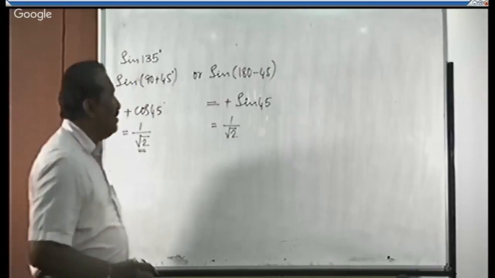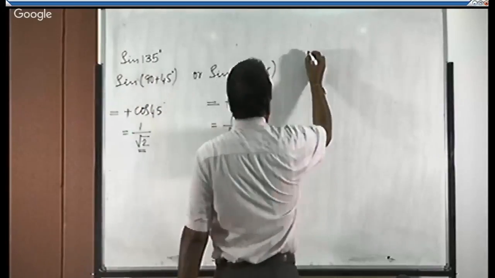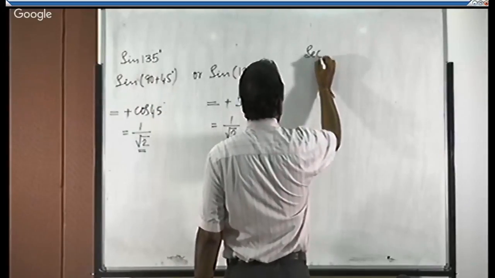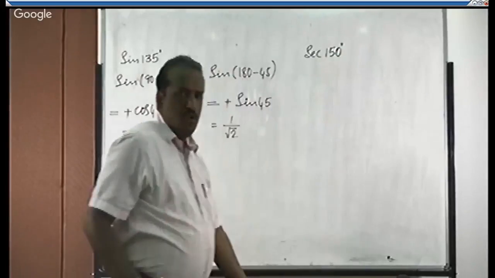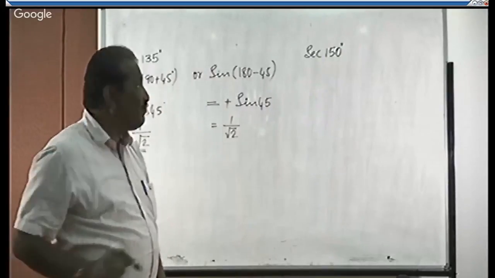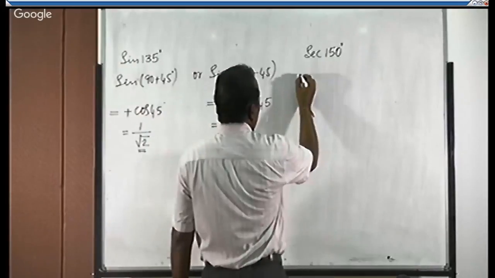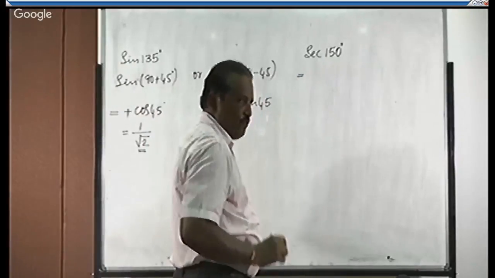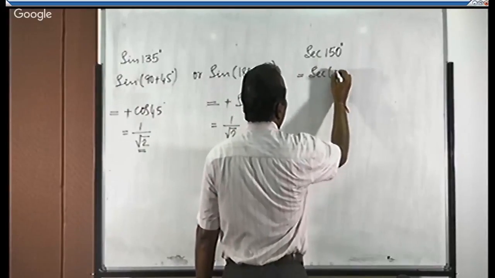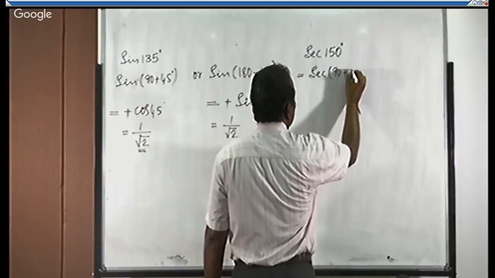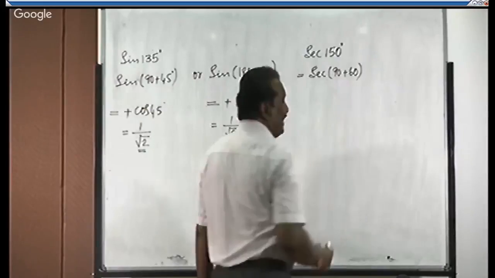Now next one, find the value of secant 150 degree. By following the previous convention, you can write 150 as 90 plus something or 180 minus something.